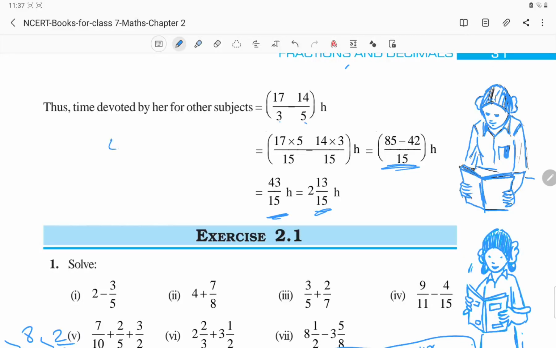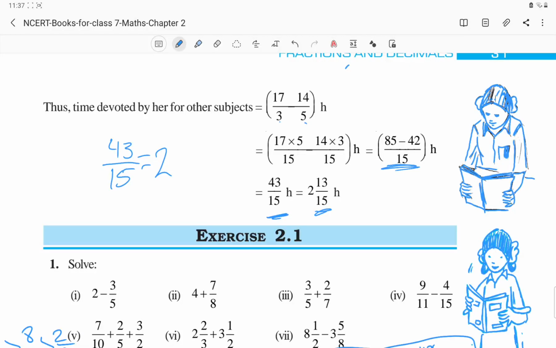So you have 43/15. So how many 15s are 45? 3 15s are 45, so it has to be 2 whole ones. And how many do we have left? 2 15s are 30.